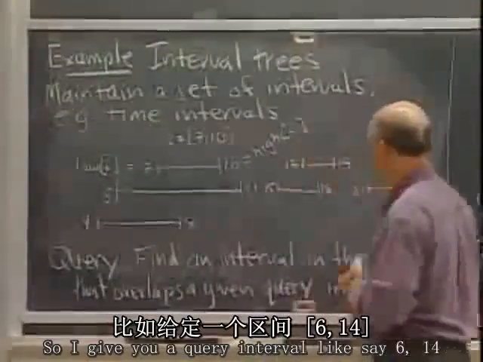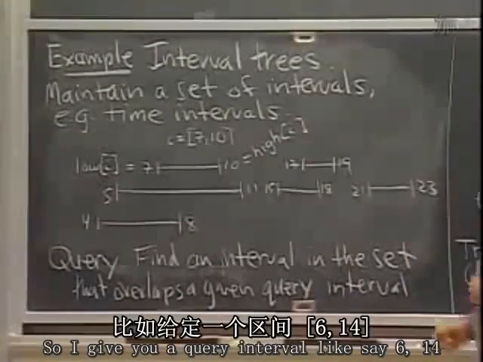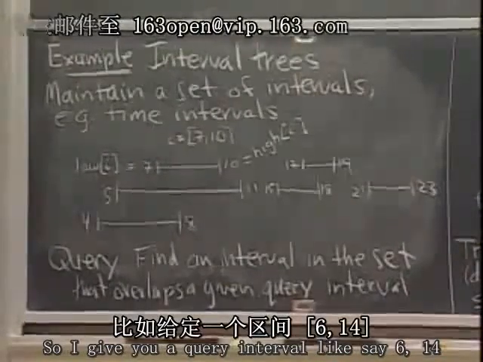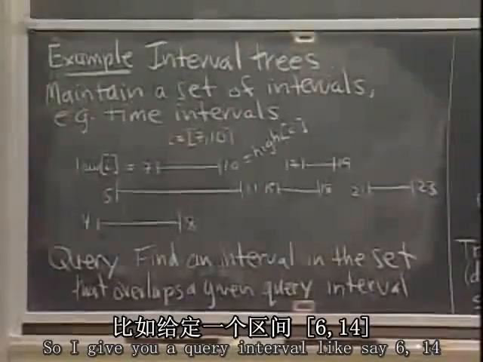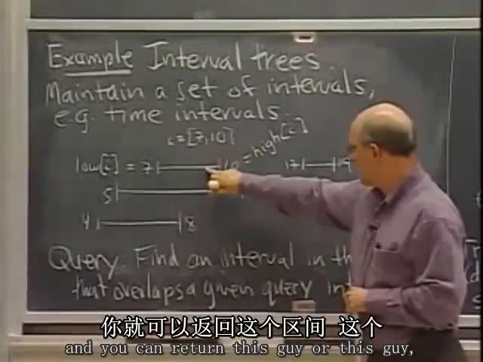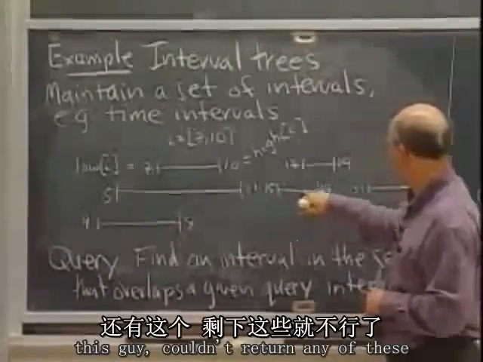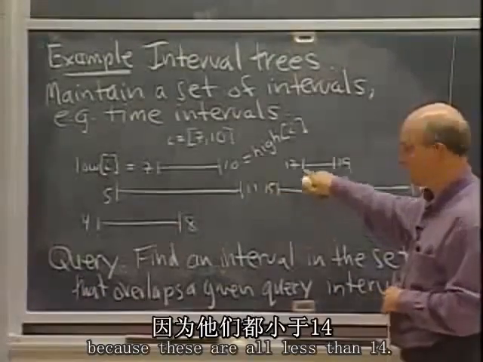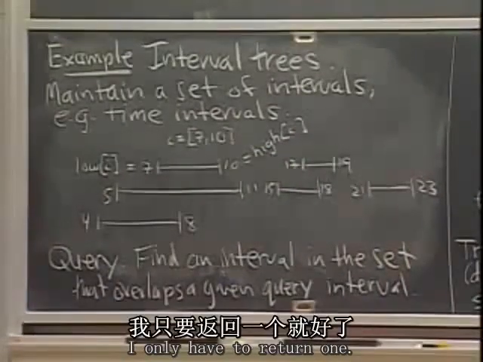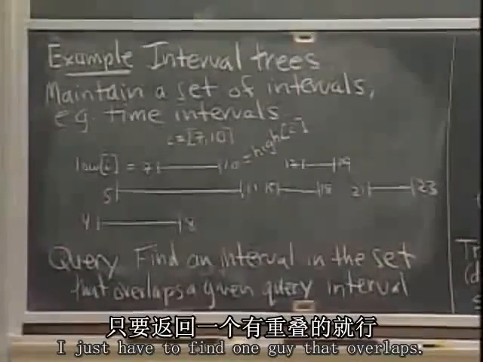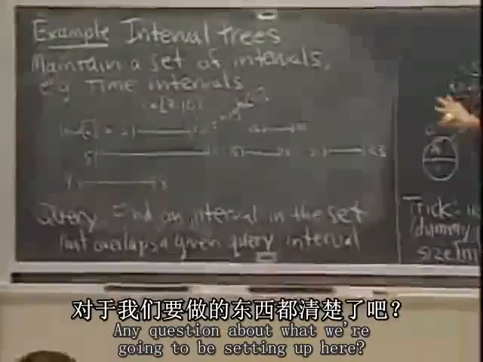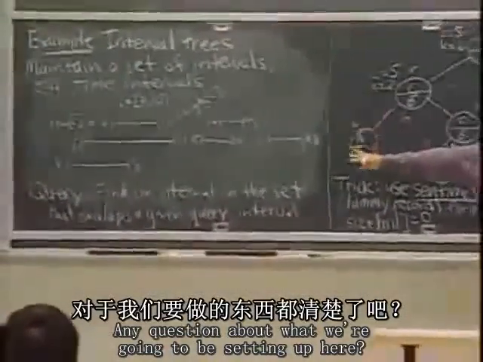So I give you a query interval like, say, 6, 14, and you can return this guy or this guy. Couldn't return any of these because these are all less than 14. So I can return any one of those. I only have to return one. Just have to find one guy that overlaps. Any question about what we're going to be setting up here?